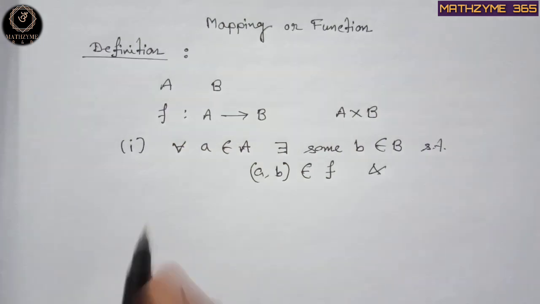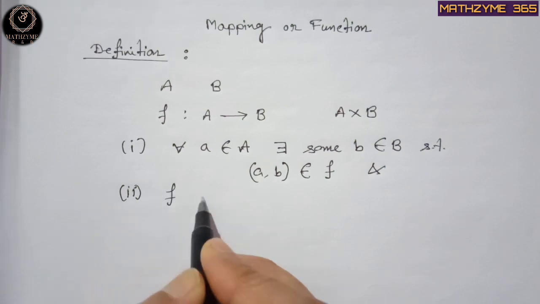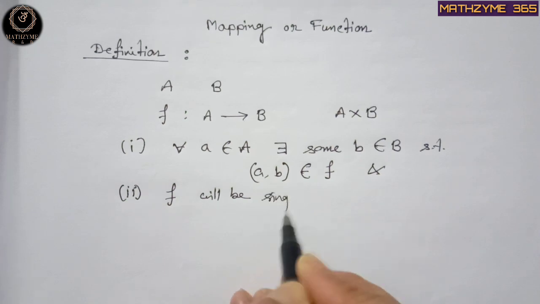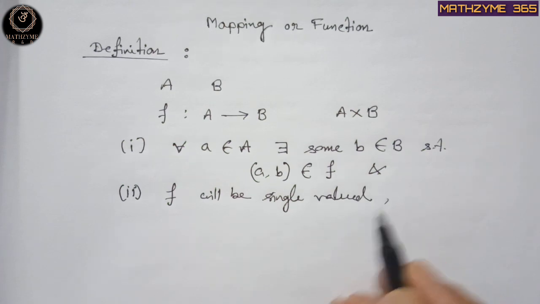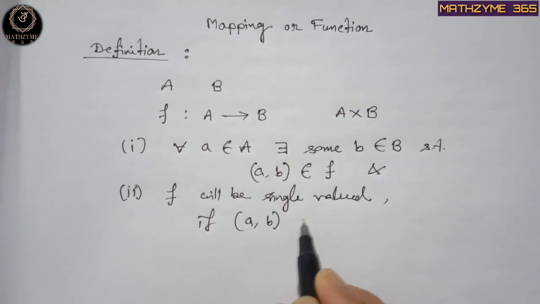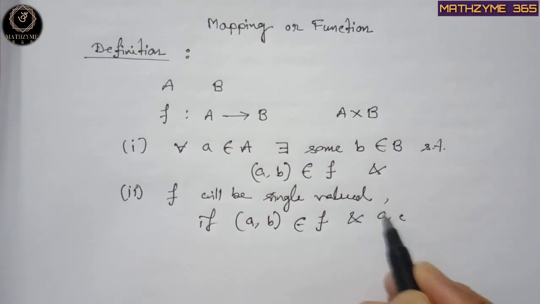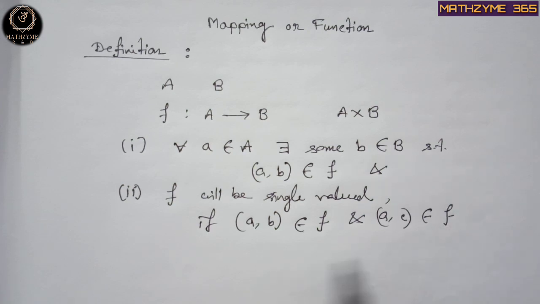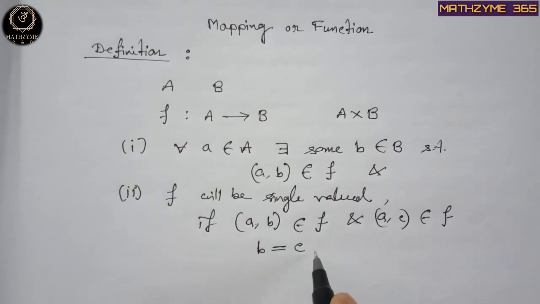And number two, f will be single valued. That is, if (a, b) belongs to f and (a, c) also belongs to f, that means b must be equal to c.